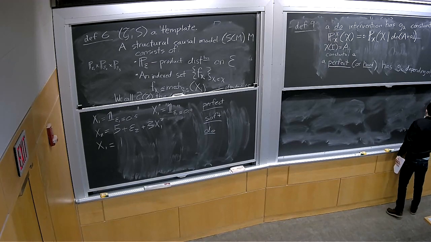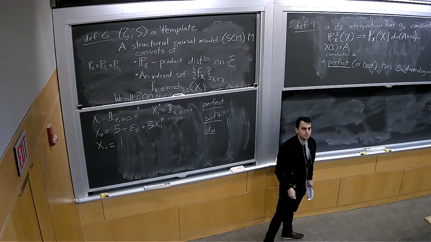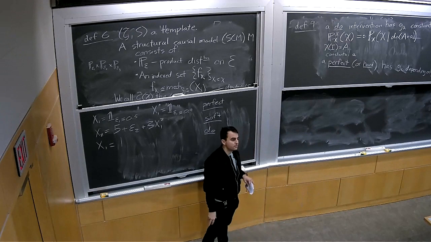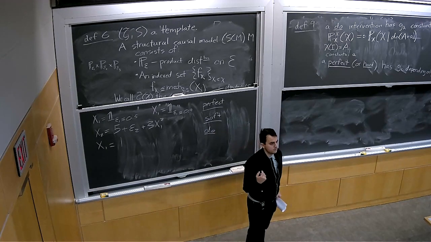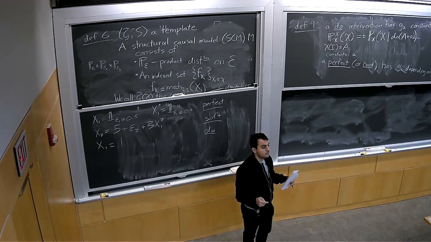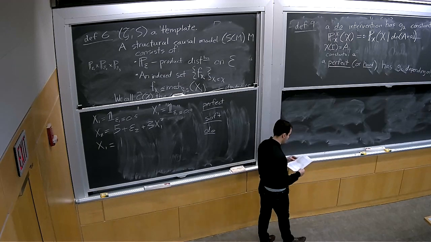But this is annoying from a technical standpoint, that I have these two separate structural causal models. And what we're going to do here is this little trick to have one structural causal model that defines both my original one and my interventional one.